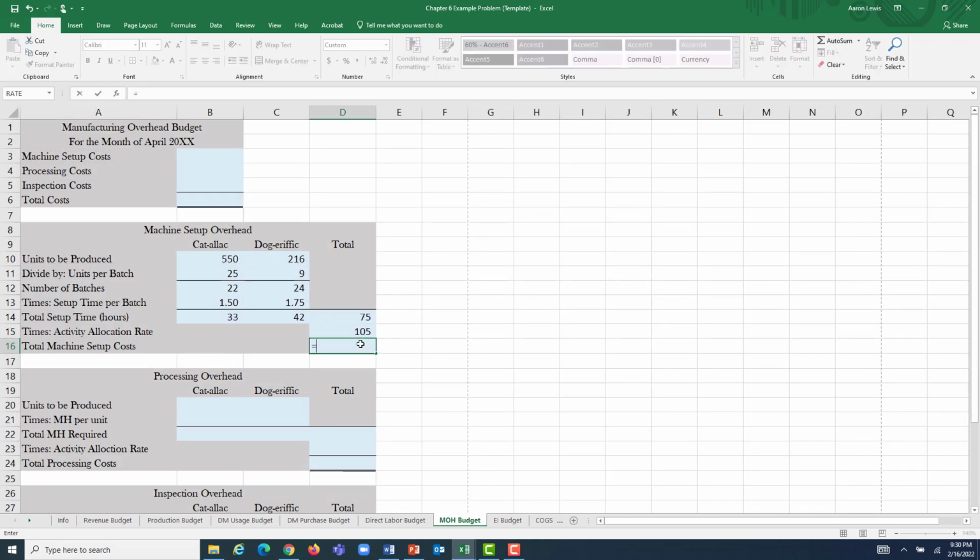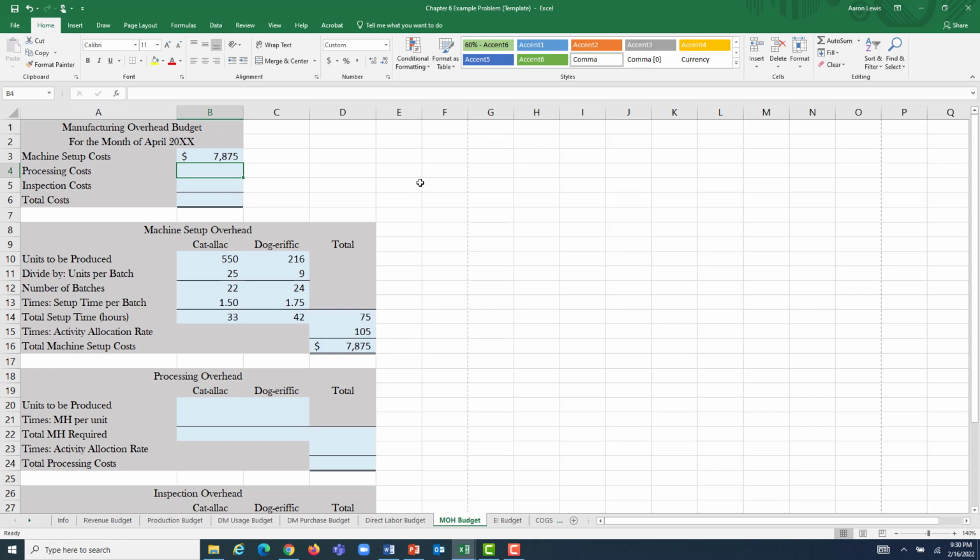If we're going to spend 75 hours setting up, and each one of those setup hours causes us to incur $105 of indirect costs, that means that we're going to spend $7,875 setting up machines during the period. And we've got that going for us right now.